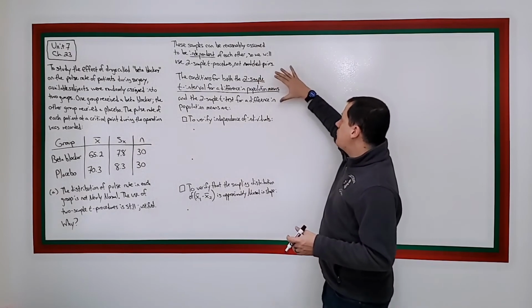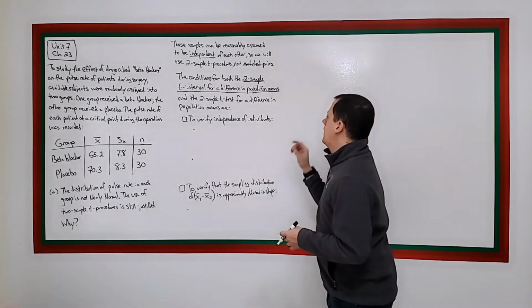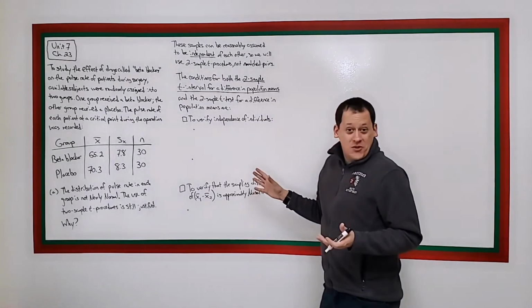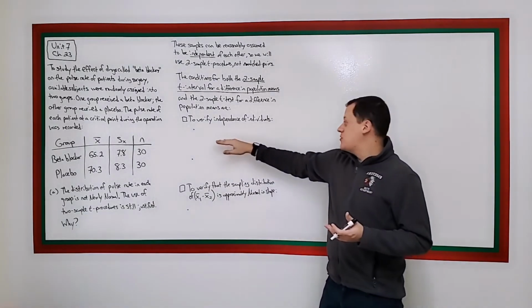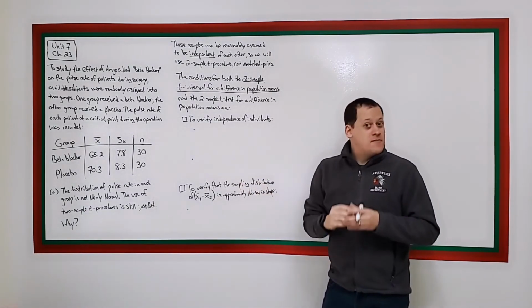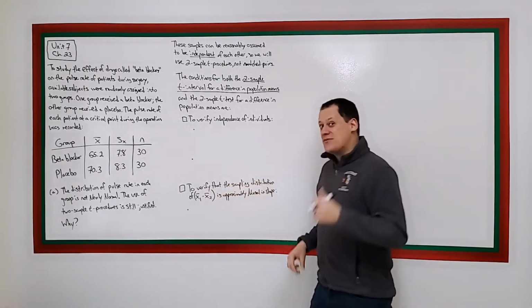So the conditions for both the interval and the test for two sample stuff are pretty close to what we already know. To verify the independence of individuals, we've got two different conditions here. Any guesses what they might be? First is randomization.